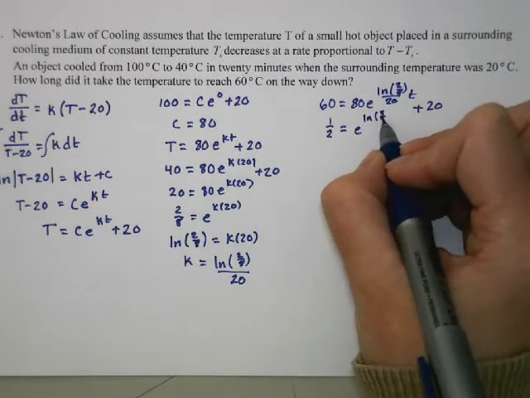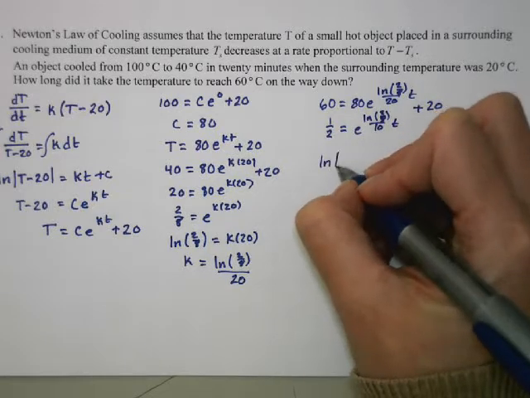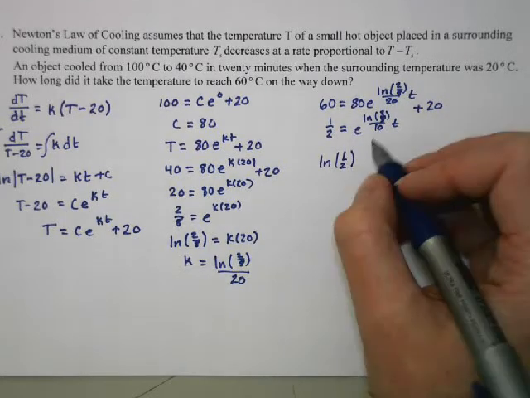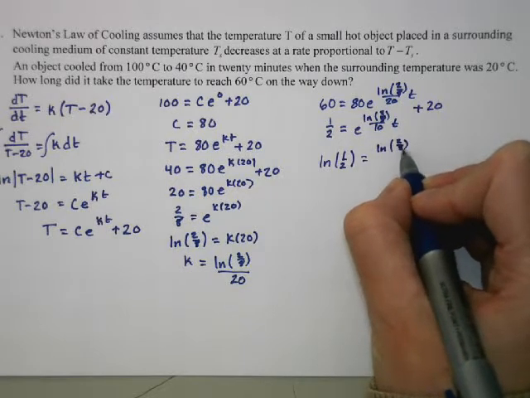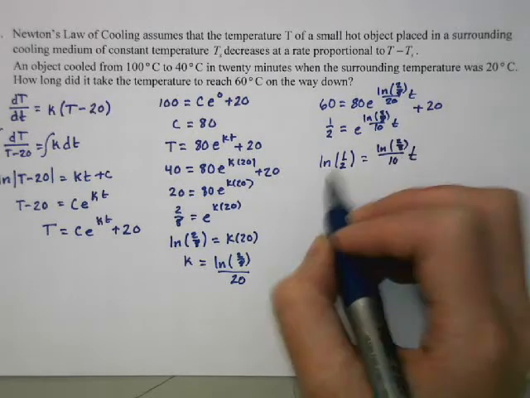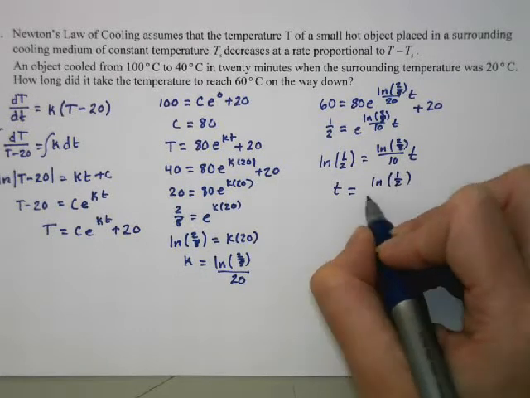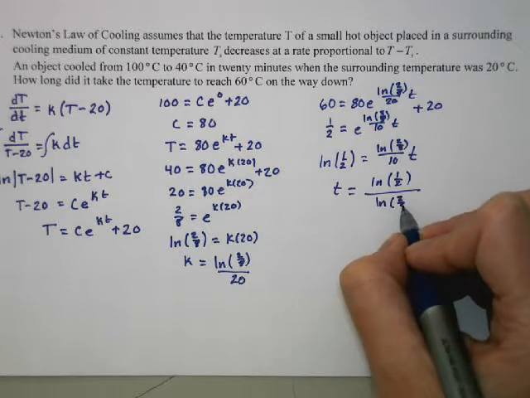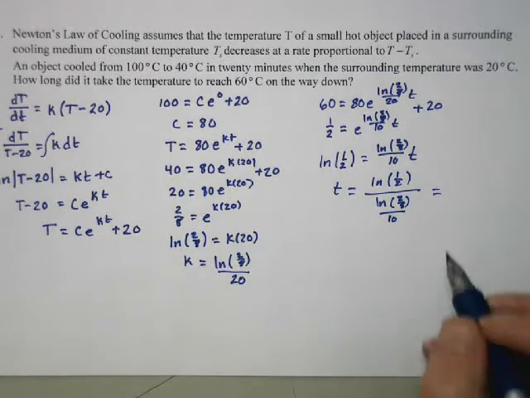Take the natural log of both sides, which is going to give me this, so then I'd end up dividing. So my t is the natural log of 1/2 divided by that whole mess. Okay, which is 10 minutes.